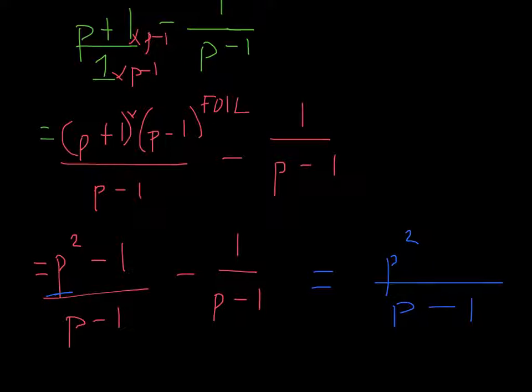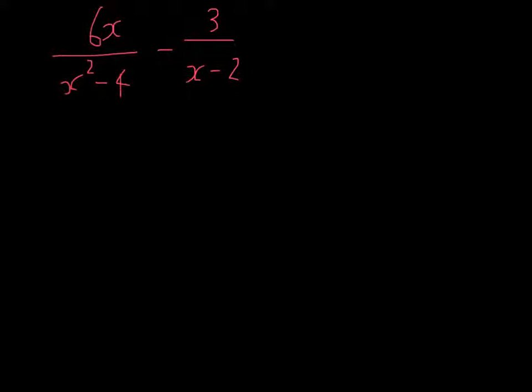In this case, 1 take away 1, sorry, it's negative 1 I should say, take away another 1, negative 1 take away 1, that's going to be equal to negative 2. So therefore, this is our answer: p squared take 2 over p take 1. And this subtraction again in this case is about as tricky as we will get.